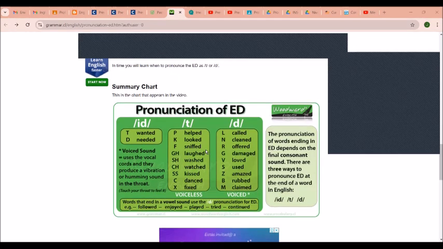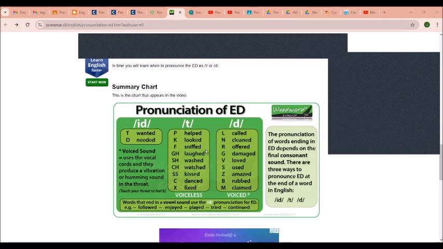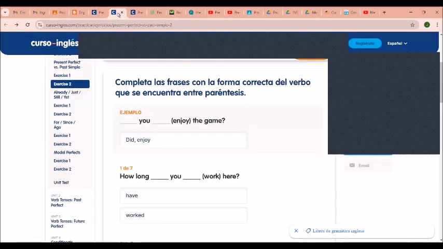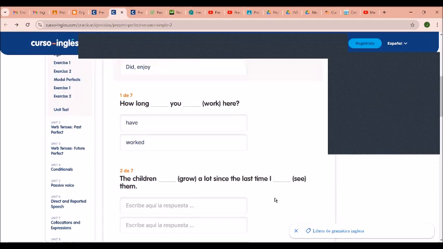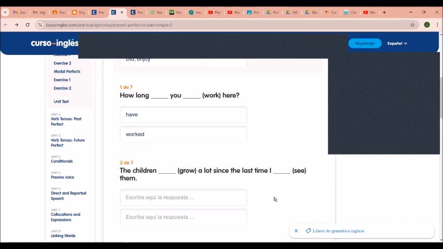So for the p, k, sh, k, s sounds, you'll get a strong or voiceless sound. All of the action will be happening in your mouth. So those will get a P ending. For example, how long have you worked here? Right? Whenever you see the regular ending ED, make sure you pronounce the ED properly.